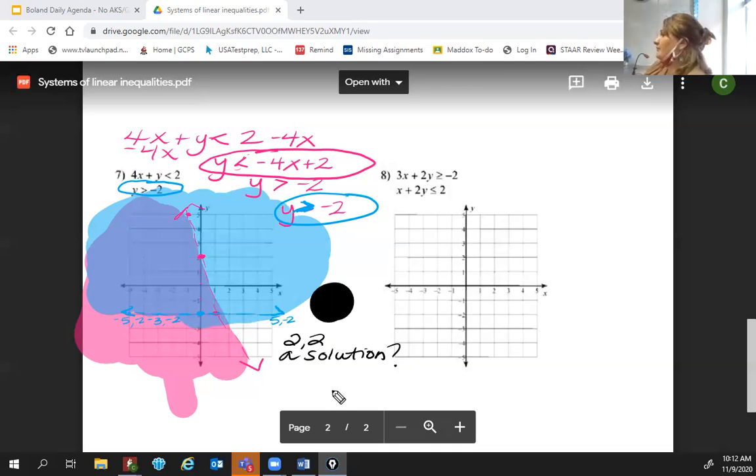For both? No. For blue? Yes. For both? What's the answer? No.